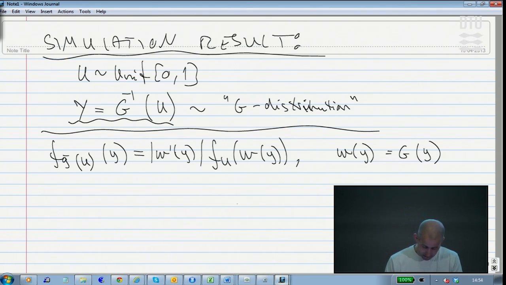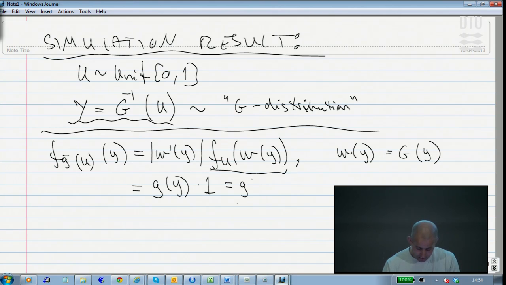Then if we apply this, the derivative of the distribution function becomes the density function corresponding to capital G of y. And what is the density of the uniform between 0 and 1? Well, in fact, that is the constant 1.